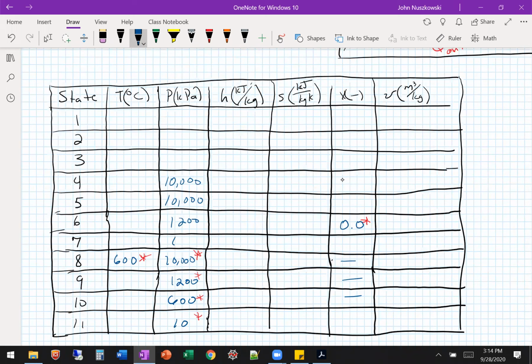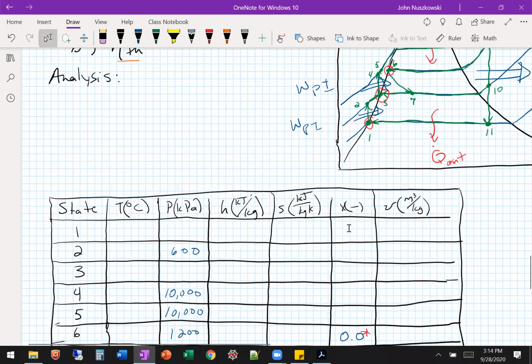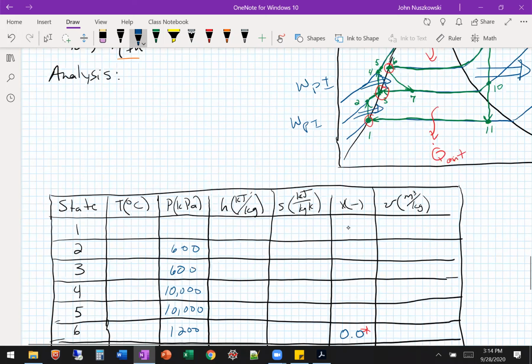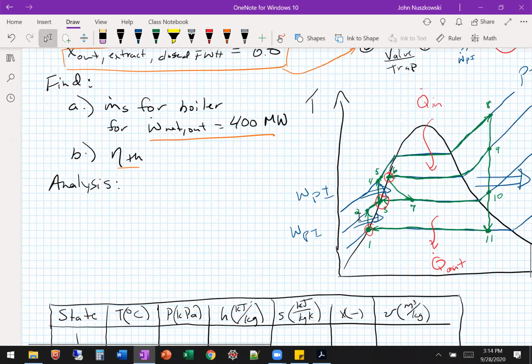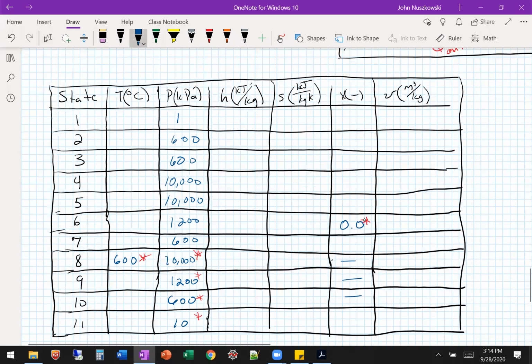And then 10, 7, 3, and 2 are all on the same pressure. What about 1? Which pressure does it have? The same as 11. Okay, so we have the pressures. Those are the easy ones to fill in.